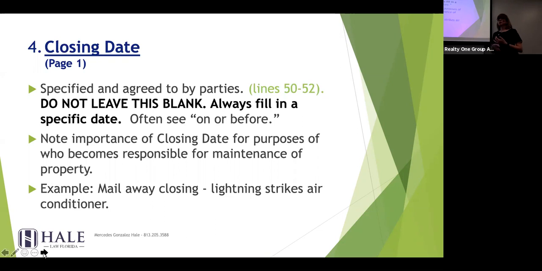Purchase price is one, closing date is another. You know, the parties, purchase price, closing date. Everybody's heard you can literally have a contract on a cocktail napkin. That is valid as long as everybody signed it and it has the critical terms. If you don't have the closing date filled in, you don't have a binding contract, okay?